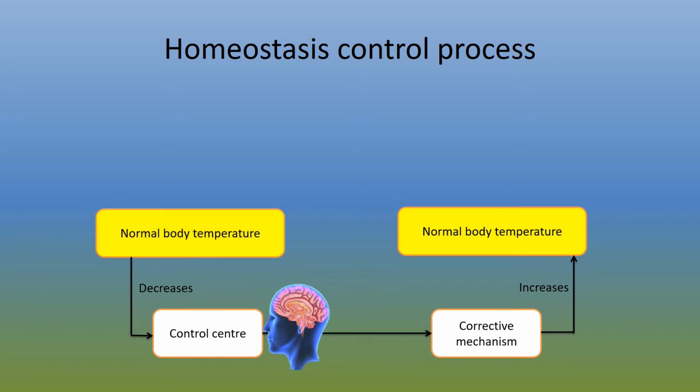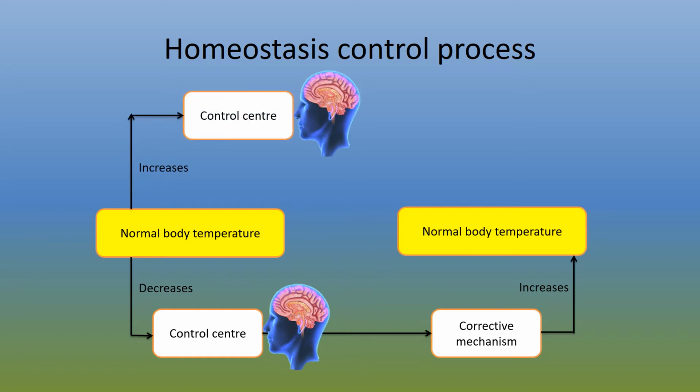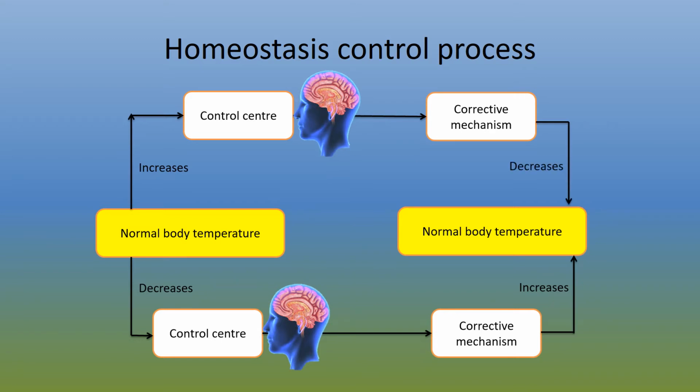And what happens if our body temperature increases? It is again detected by our brain, and our brain will stimulate corrective mechanism, and our body temperature decreases to normal body temperature, which is 37 degrees Celsius.